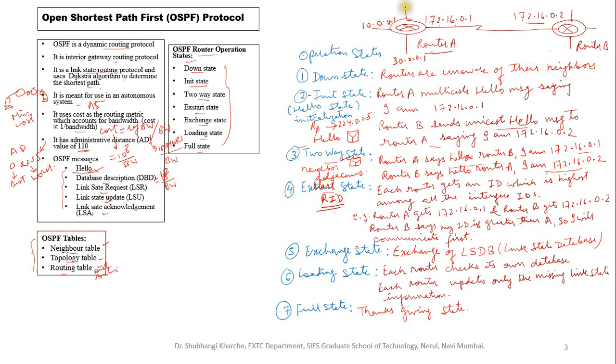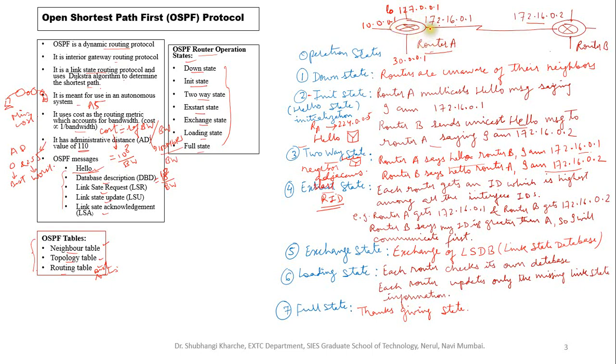Let's say the last interface on this router is a local loopback interface, which is used for loopback testing, and its IP address is 127.0.0.1. Now this router A has these four different interfaces with these IP addresses.